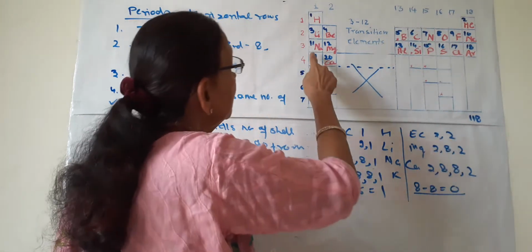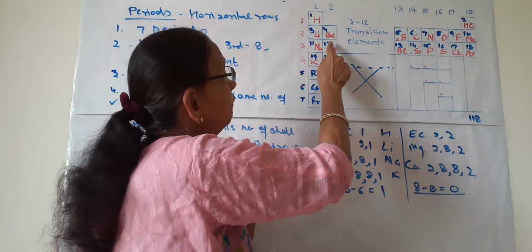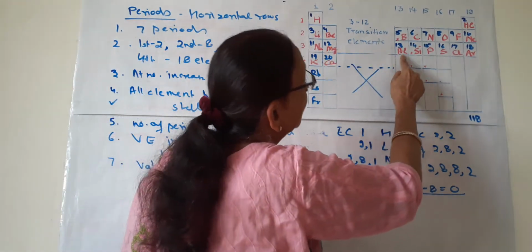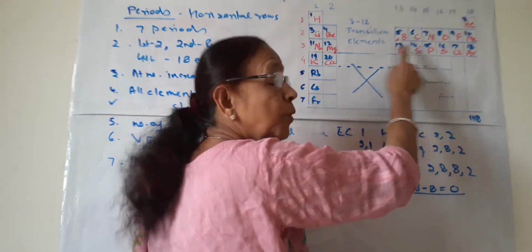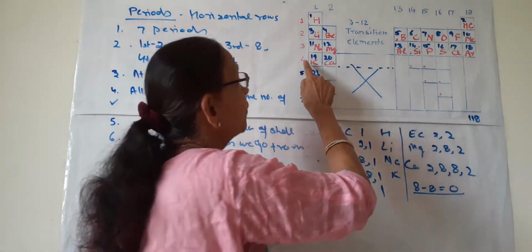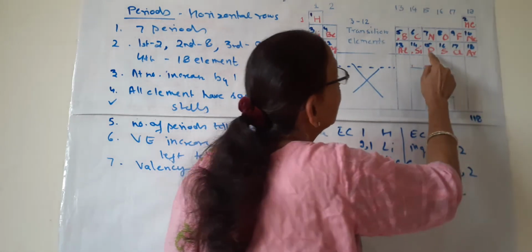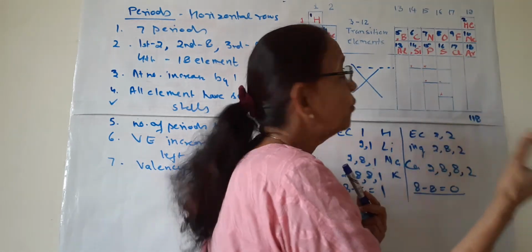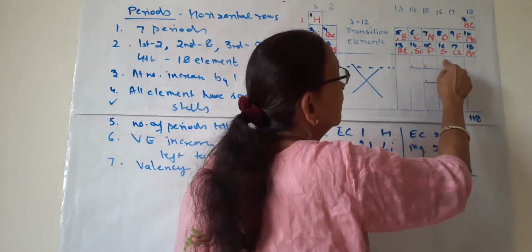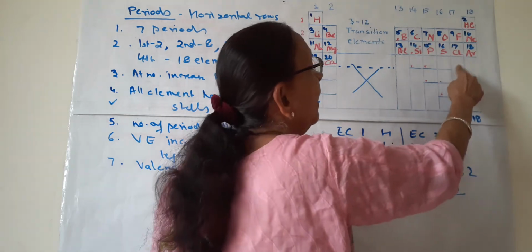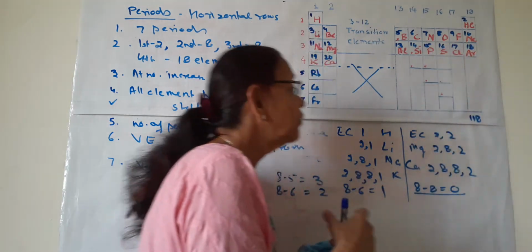How does it change? This has valency 1, valency 2, valency 3, valency 4. So first the valency increases from 1 to 4 and then it decreases from 3 to 1. I just told you this has valency 3, this 2 and this 1, and then it has valency 0.